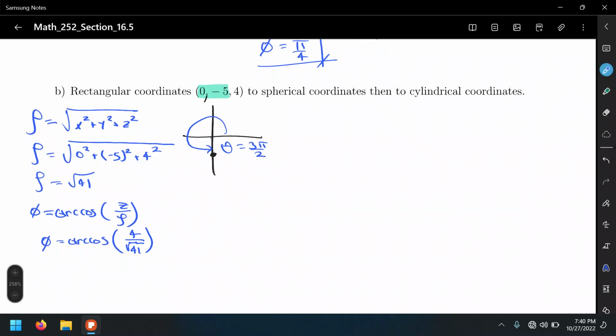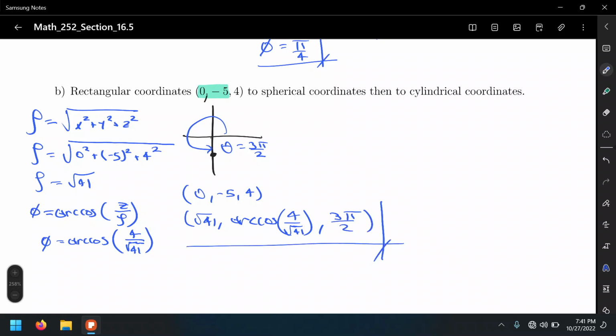So we can go ahead and write 0, -5, 4, which is really x, y, and z, as rho, which is root of 41, and phi, which is arc cos of 4 over root of 41, comma 3 pi over 2. So that's part A in spherical coordinates.